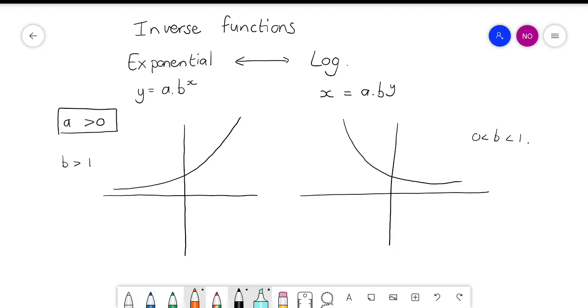Inverse function still means this. So hierdie een is 'n inverse funksie gaan so lyk.